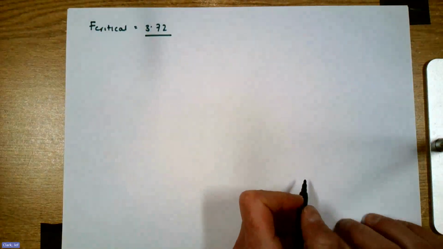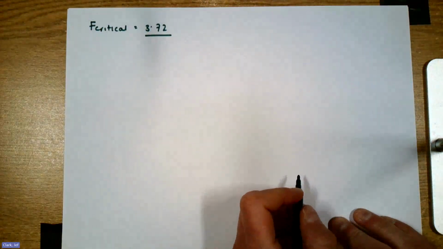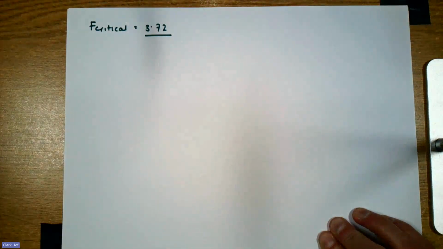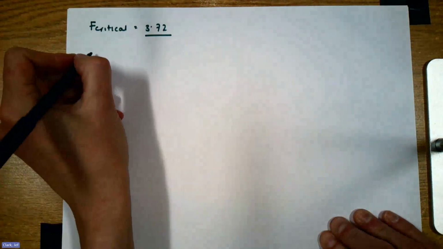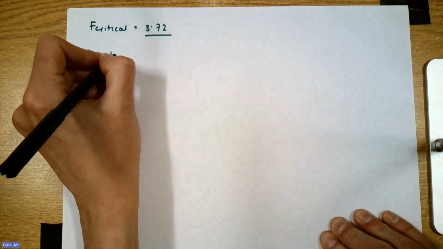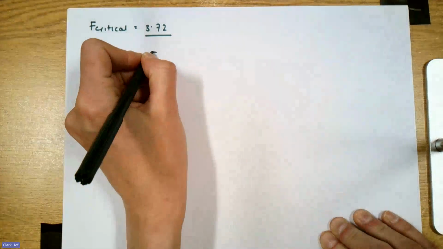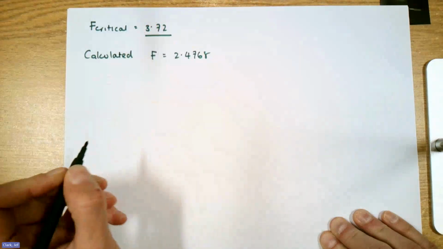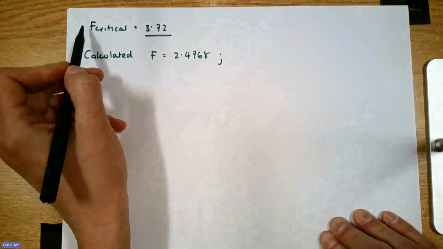Now, we need to compare the calculated F value to the F critical. So let me just find my piece of paper. My calculated F was 0.4768, and we've got F critical here.